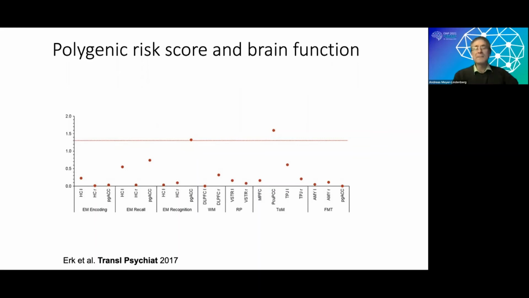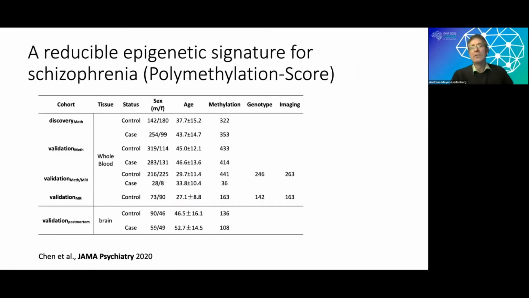But on the other hand, we're also interested, of course, in epigenetics. So we want to move beyond genetic risk. To accomplish this, we have recently been able to establish, using a joint machine learning approach, a reproducible epigenetic signature for schizophrenia from blood. What we did here is use relatively large samples to first, in the discovery sample, learn brain methylation based on blood methylation.